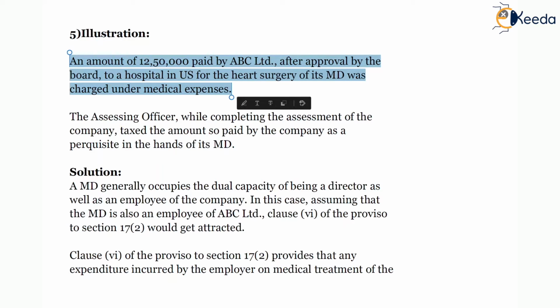So here medical expenses are paid on behalf of the managing director of the company, for which approval of the board of directors was taken, and thereafter the company paid directly to the hospital in US. So here payment is on behalf of the managing director.